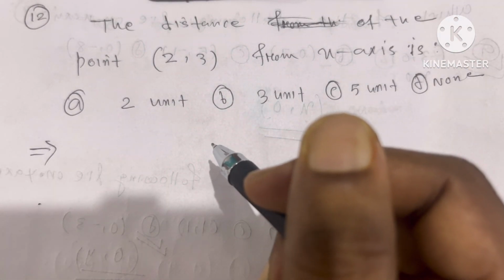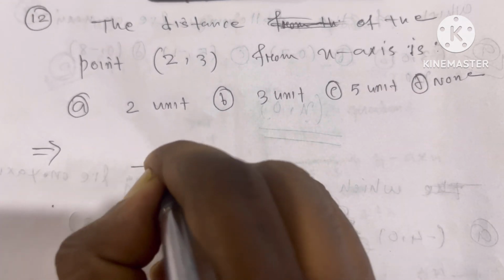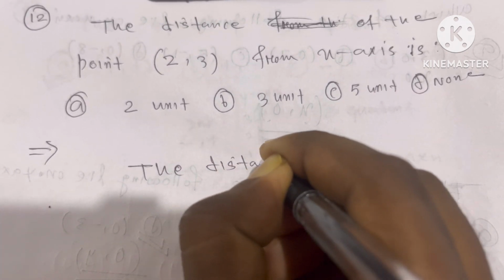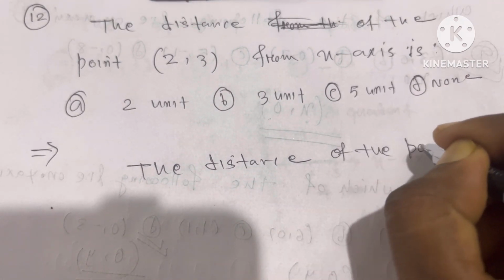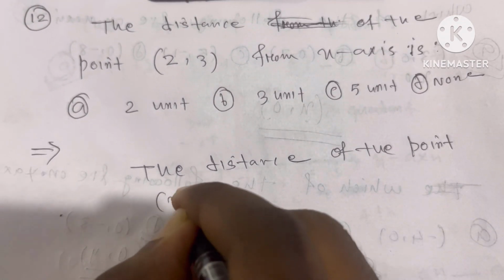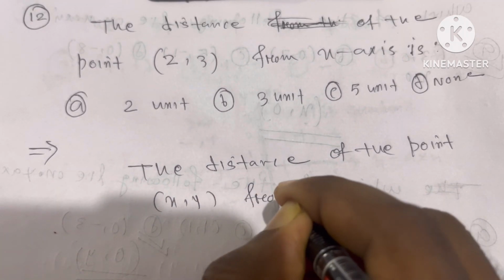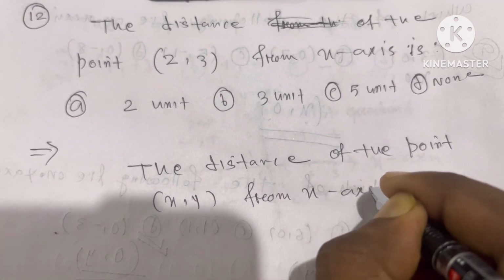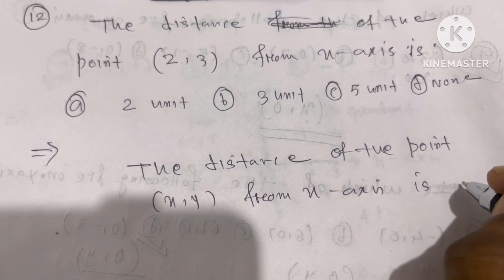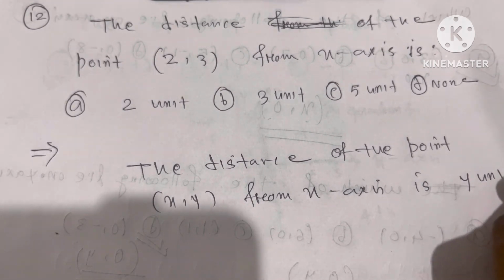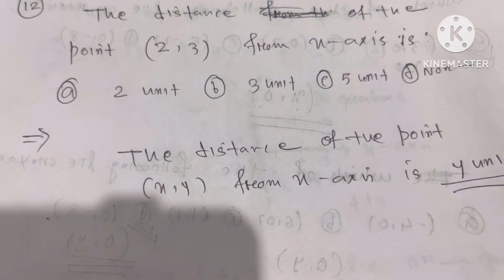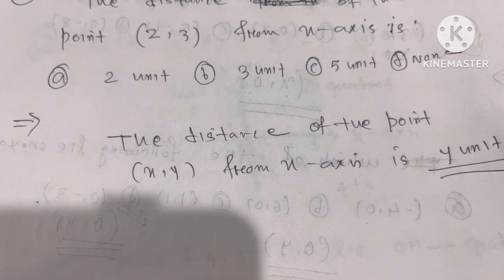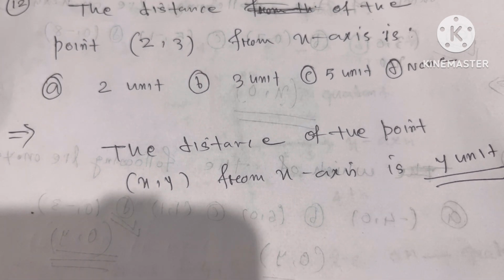Always remember, the distance of the point x comma y from the x-axis is y unit. Even if y is negative we will consider it positive, because distance is always considered positive. Yes or no?